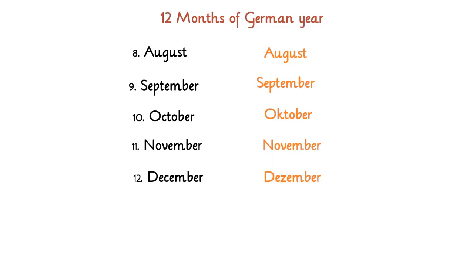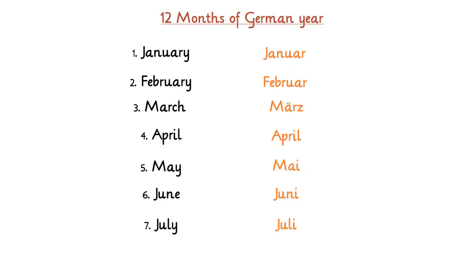And for you all, I'm just going to repeat it once again. January, Januar. February, Februar. March, März. April, April. May, Mai. June, Juni. July, Juli.